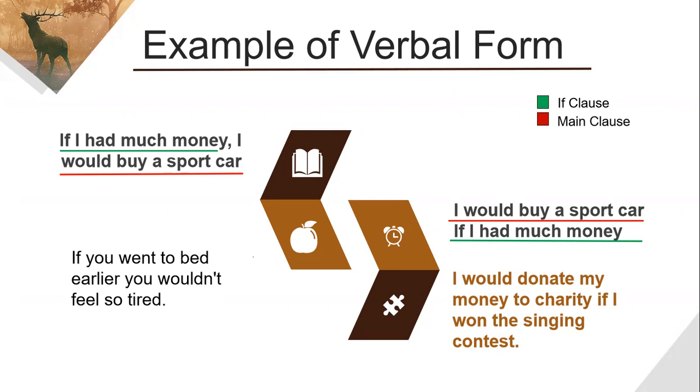So again, the use of conditional sentence type 2 here is to express about unreal situation in the present, at the moment. Menyatakan sesuatu yang tidak mungkin terjadi, sesuatu yang tidak nyata atau nggak mungkin terwujud pada saat ini.